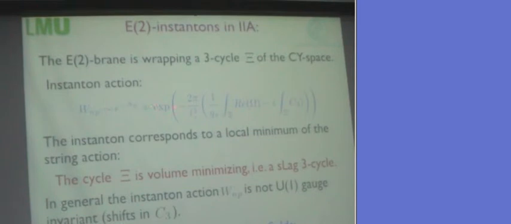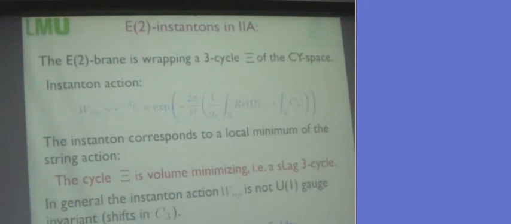And the instanton action itself is proportional essentially to the volume of this 3-cycle, so essentially it is proportional to this expression here, and you see in this expression the string length on the one hand, so we deal with worldsheet instantons, and also the string coupling constant g_s, which means that we deal in particular with space-time instantons.